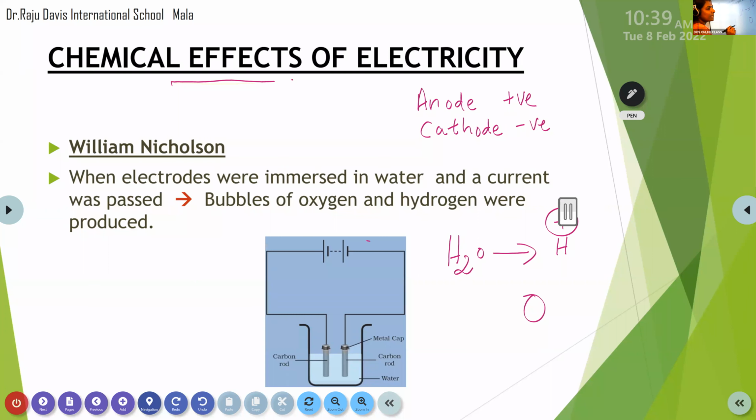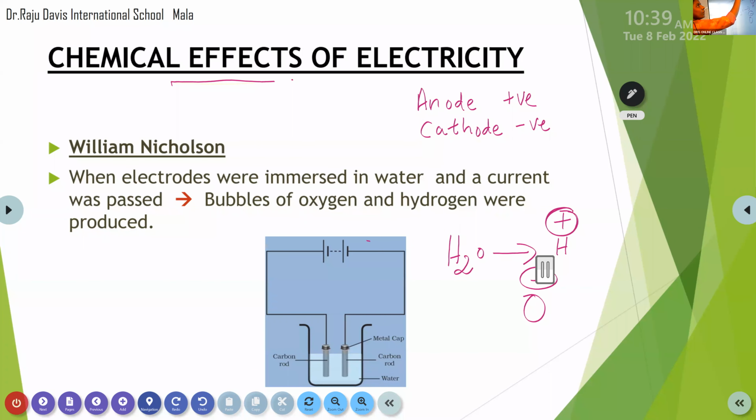If one is positively charged, the other is negatively charged. The same is true for water: when we pass electricity, water breaks into two components. Hydrogen is positively charged and oxygen is negatively charged. Clear?